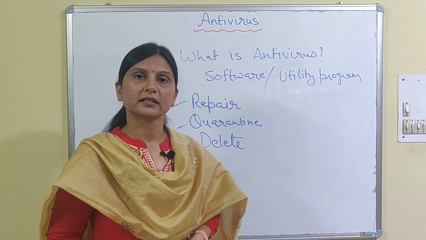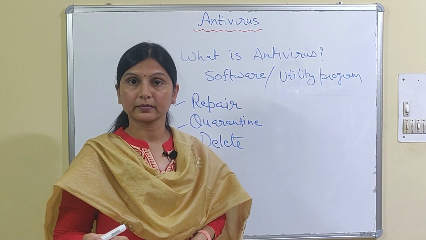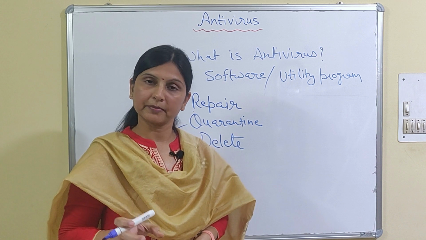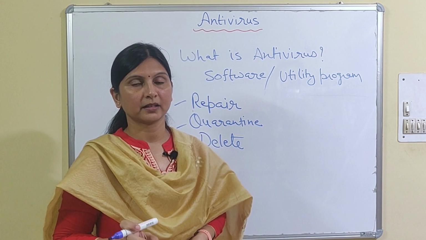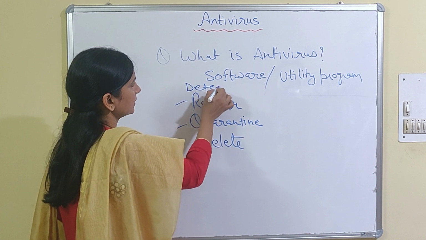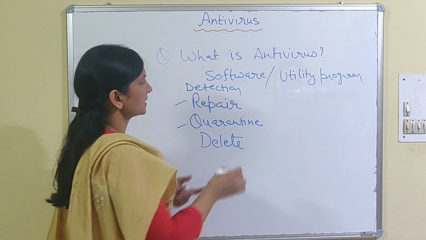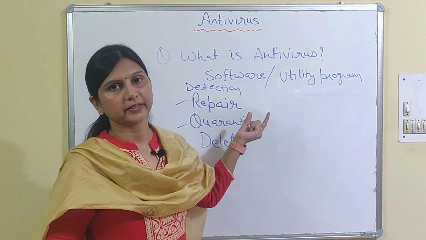So first, antivirus will compare the code with the database. If it matches, it means malware has been detected. Now after detection, what next? It will try to repair that. If it is repaired, very good.